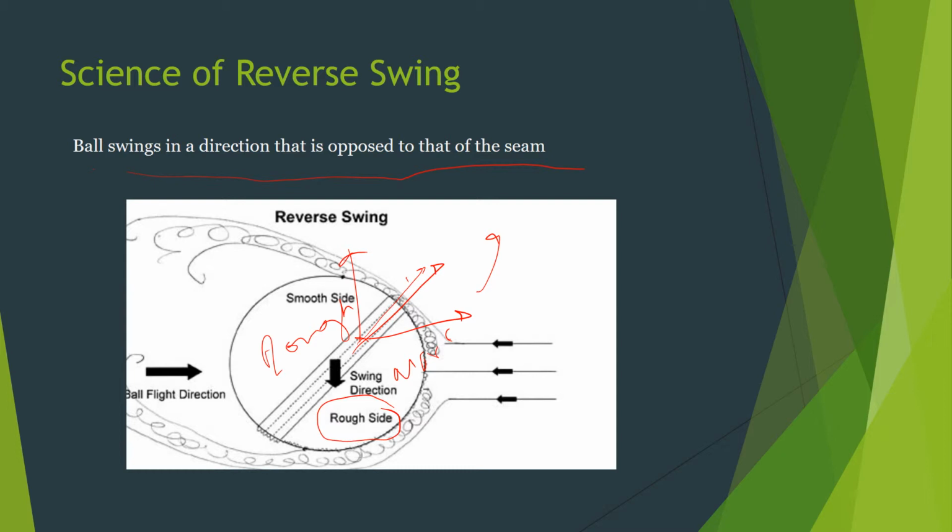Instead of out-swing, it will show the phenomenon of in-swing. And normally the batsman has no choice other than to get out, because if he looks at the seam, he thinks the ball should go outside, but in the end the ball goes towards the batsman, and that's the phenomenon of reverse swing.